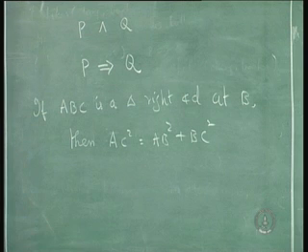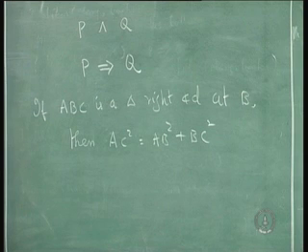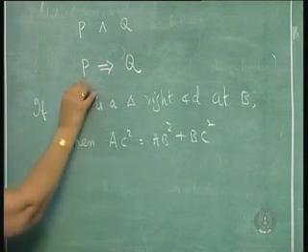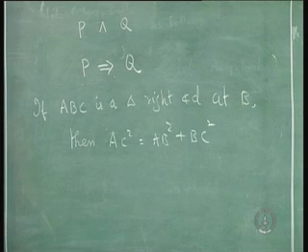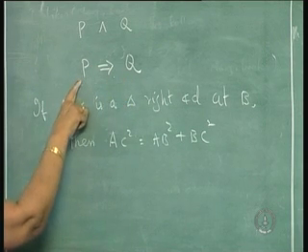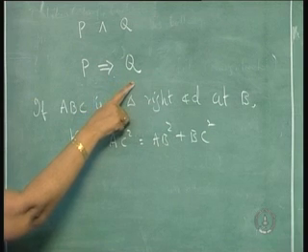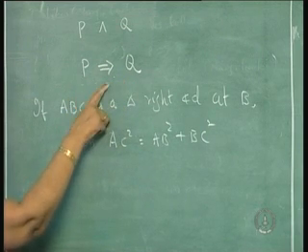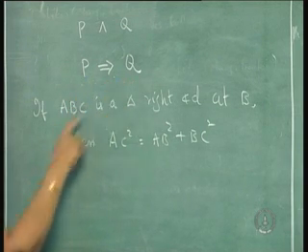Now, if the statement of the theorem is of the form if then, what sort of methods will you use to prove this? This is an implication, P implies Q. We know that the implication is true if P is false or Q is true, and it is false only when P is true and Q is false.